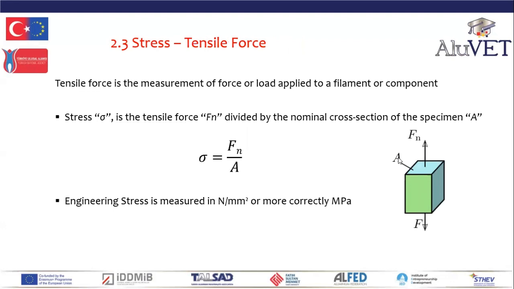The tensile force, the Newton, is the measure of force or load applied to a filament or component. To determine the stress, we need to divide the force by the cross-sectional area of the filament.